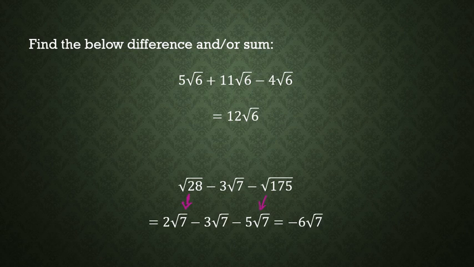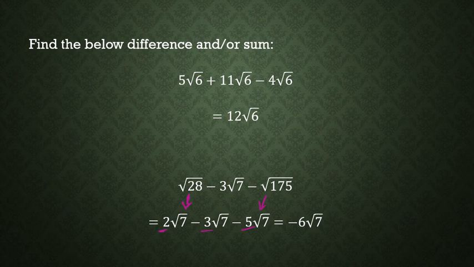So now we've changed it so that each one of our terms has the same radicand, and thus the same radical, and then we can just take the difference of all these numbers in front. 2 minus 3 is -1, minus 5 more is -6. So this quantity is equal to -6 times the square root of 7.